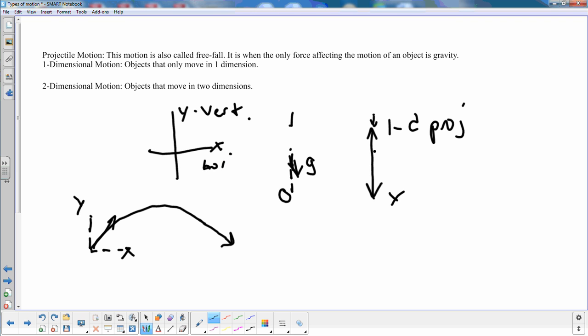So in two-dimensional projectile motion, you're dealing with both the y, the vertical axis, and the x, the horizontal axis. Whereas in one-dimensional, you're only dealing with the y vertical axis, no x. So that is essentially everything that you can break down all the motion that we saw the other day into those key physics phrases.